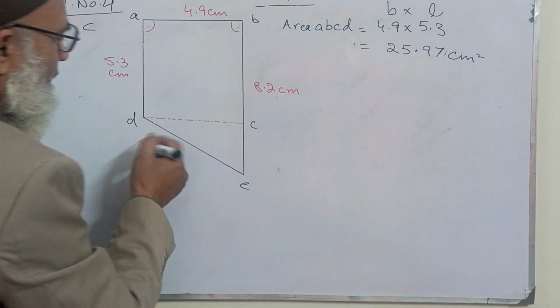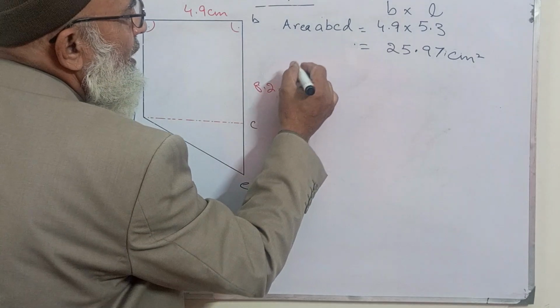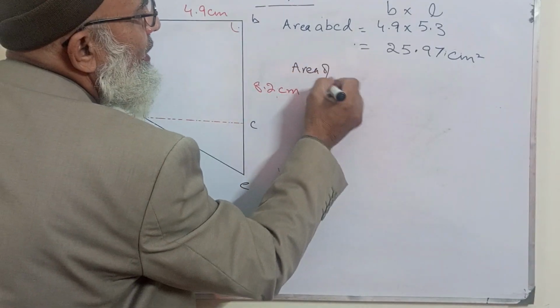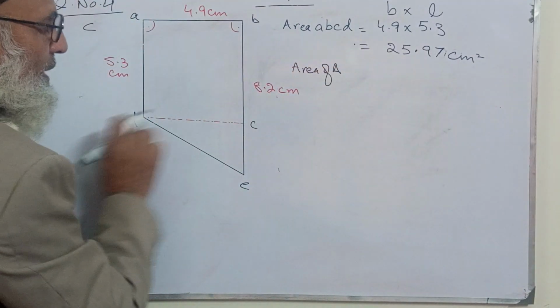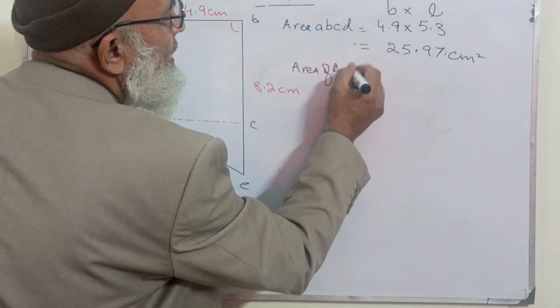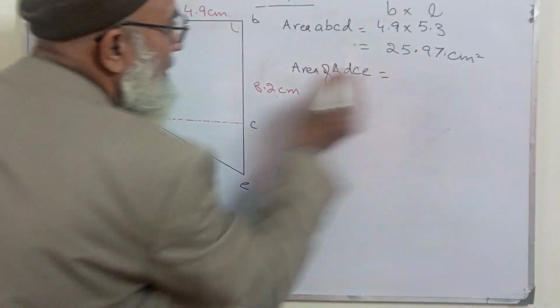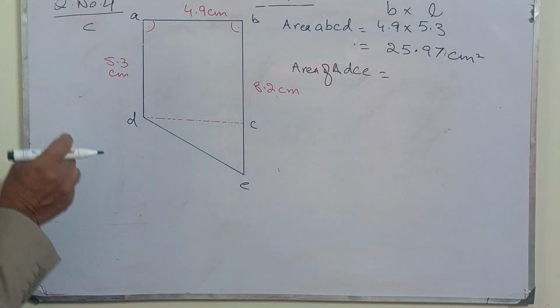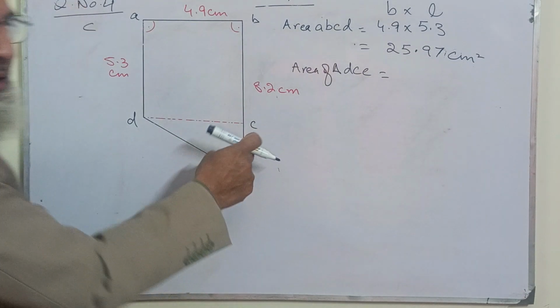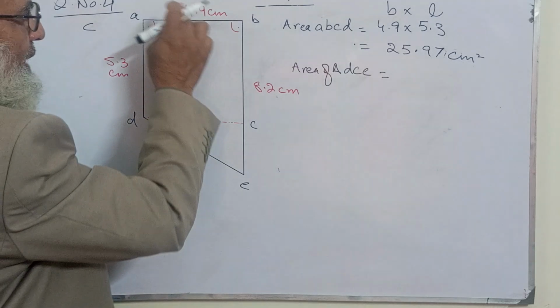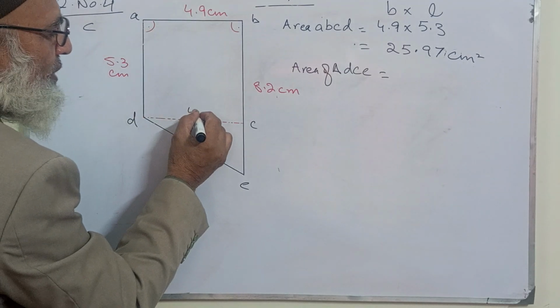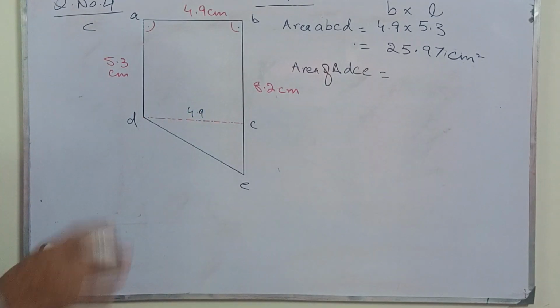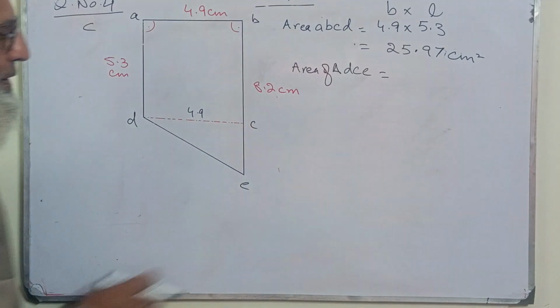So now the area of triangle DCE. How can we find the area, because we don't have any dimension here? Now you see that these two are equal, so this 4.9 will become the height of the triangle, because this is the base.